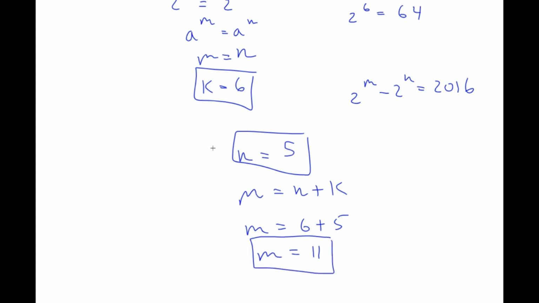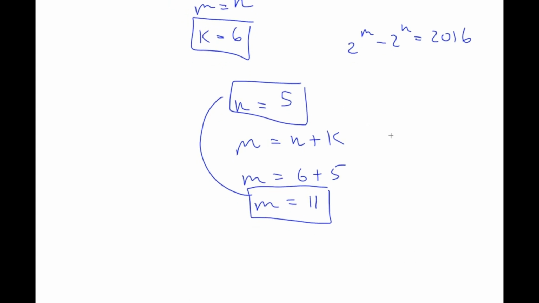So now we have both our values for n and m. Now let's go ahead and check. m is 11, so we have 2 to the power of 11 minus 2 to the power of n, which is 5, is equal to 2016.